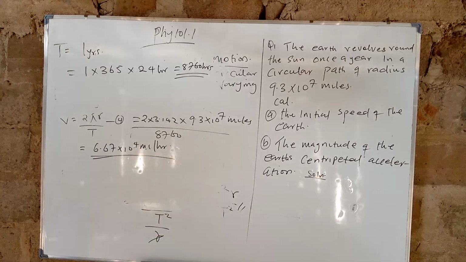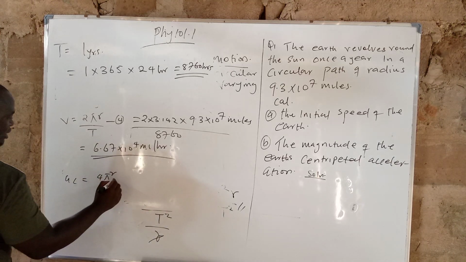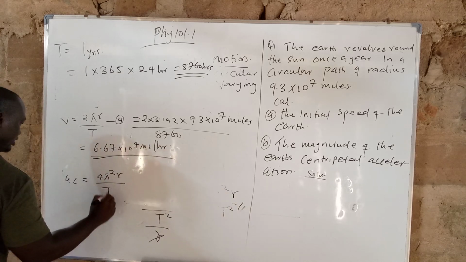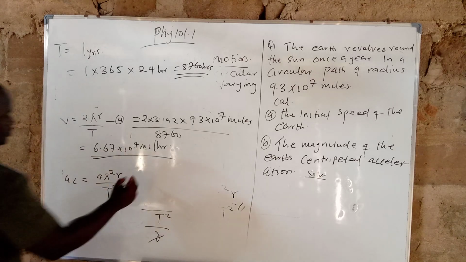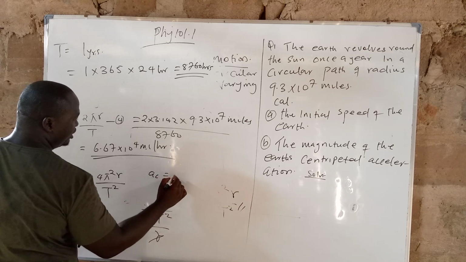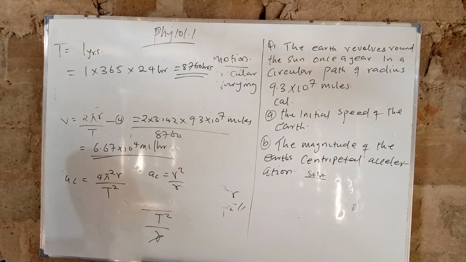Now the next one is they ask us to calculate the magnitude of the Earth's centripetal acceleration. Remember, I just proved that this is equal to 4 pi square r all over t square. If you want to use this, you can. But if you want to use the other one, that centripetal acceleration is v square all over r, you can still use it, you still get the same answer.